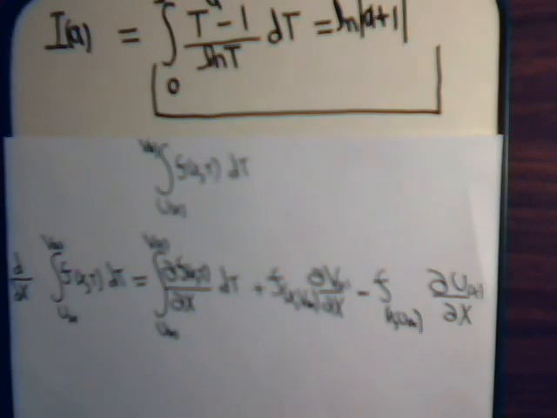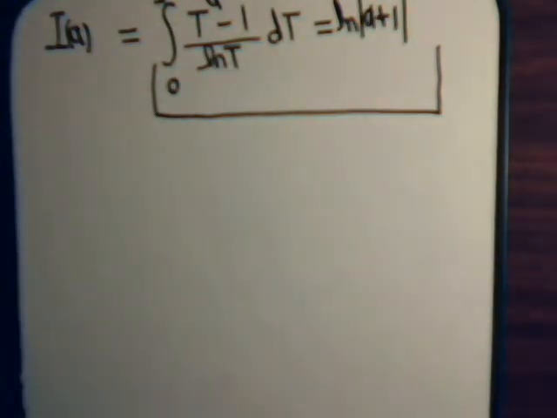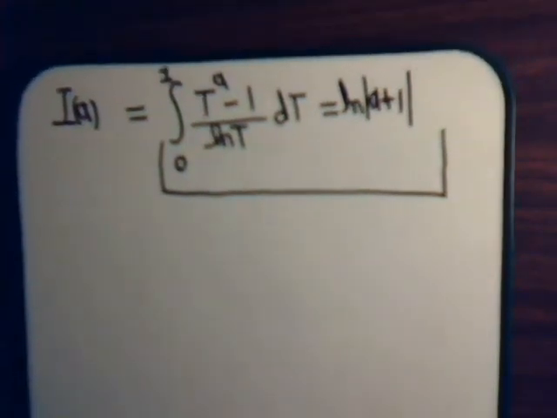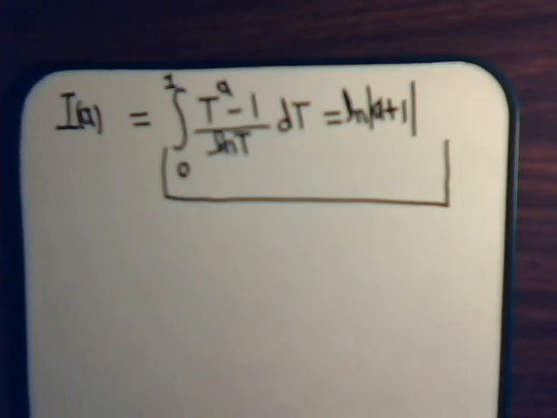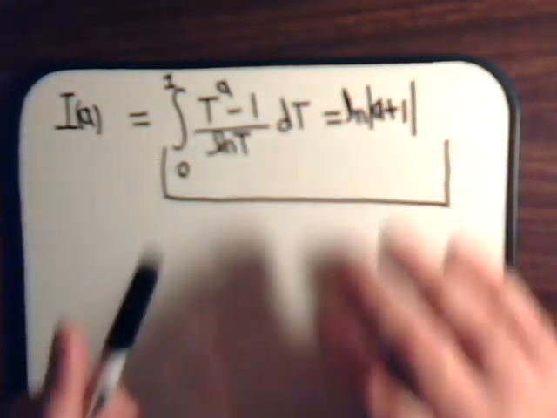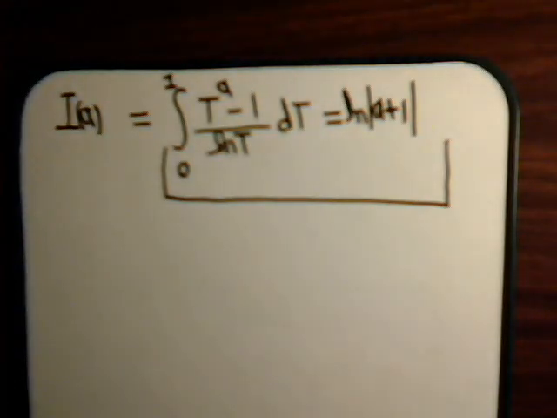That gave us a form that we could work with, that we could integrate, that eventually gave us this expression right here. So again, it's another demonstration of how we can use the derivatives of integrals to sometimes solve an integral that initially seemed like would have no solution.